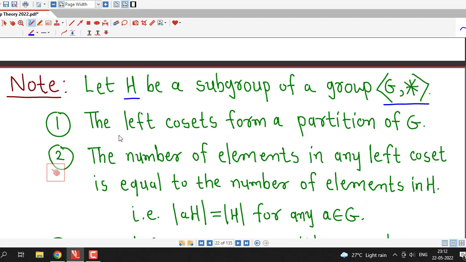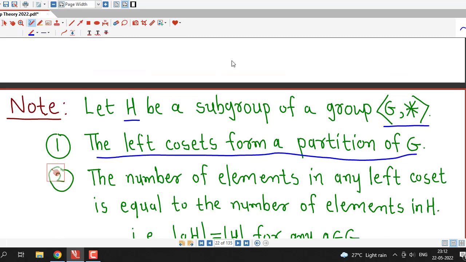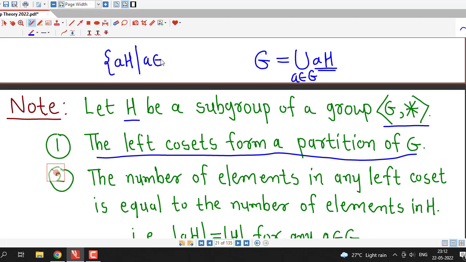So we know that the left cosets form a partition of group G, that is we can always write G as the union of left cosets, say AH, where A belongs to G, and all these left cosets are either equal or disjoint, so they will form a partition of group G. If we construct the set of all left cosets of a group G, then this set will be a partition of group G.